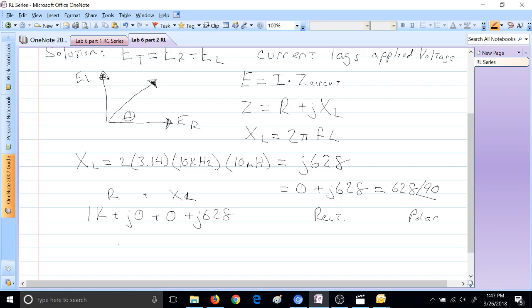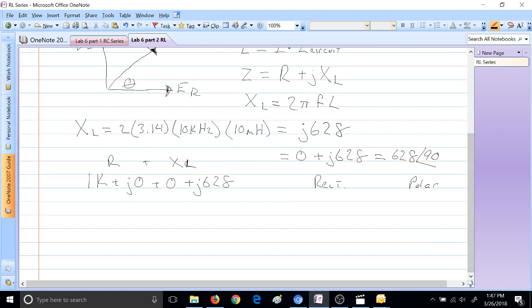And I know I'm putting in a lot of small steps here, but again, I really want to make sure that you understand where all the numbers are coming from. And again, you just add like to like, and all of this is actually in ohms. Units, don't forget our units. So we have 1K plus J628, and this is in ohms across both. Okay.